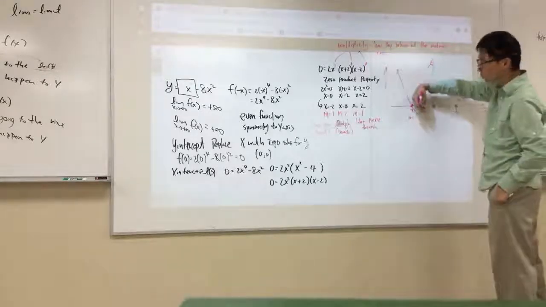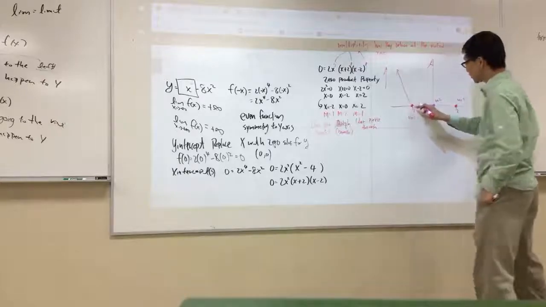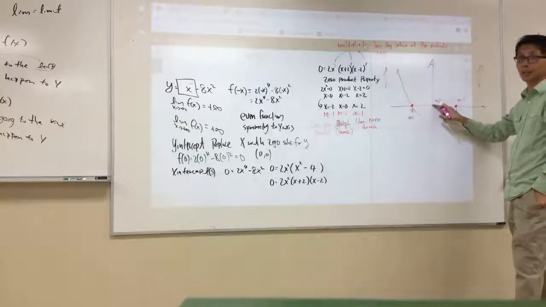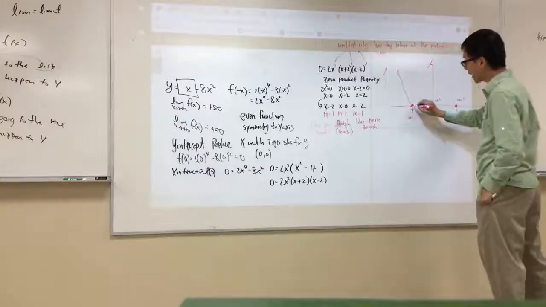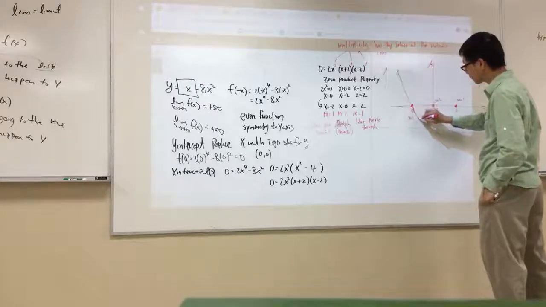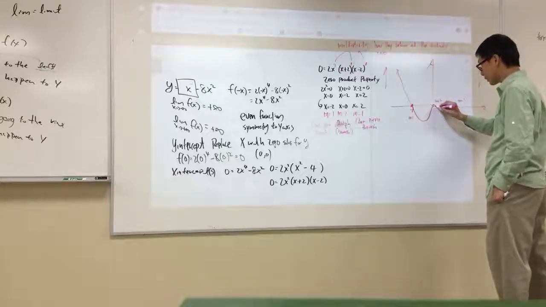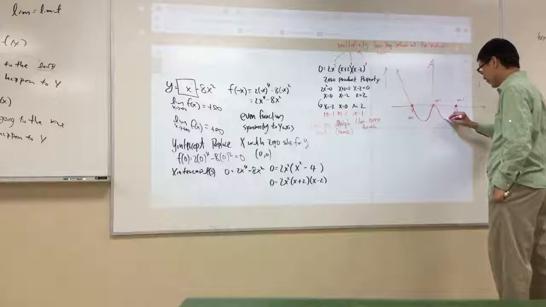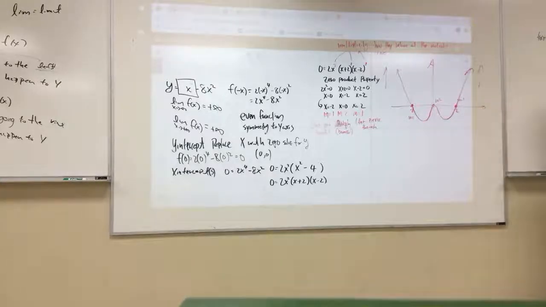So it's going to shoot through here, and then it's going to come back, because eventually the graph has to come back to the 0. So when they come back, it's going to go in like this. So that's the graph, maybe that's a sketch. It's not a real graph.